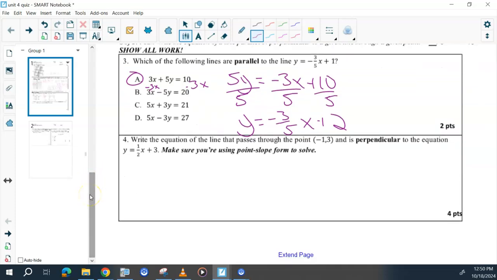For number 4, the biggest mistake. I'll say some of us changed the slope. We know it was perpendicular, so we had to change this to negative 2. But then, even after changing it, many of us did not put that back in. We still used the 1/3, which we should not have done.